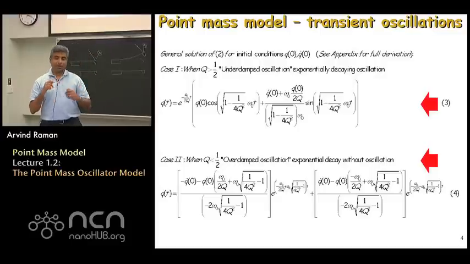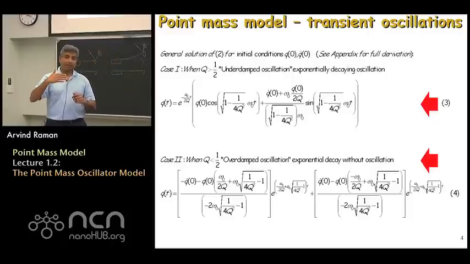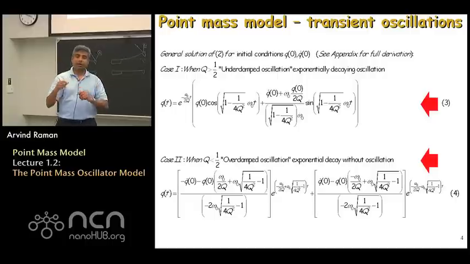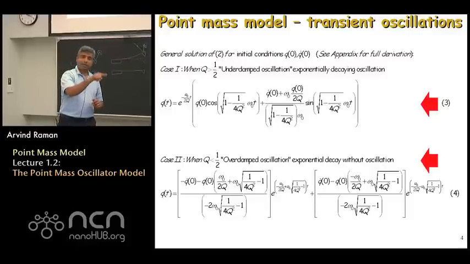So what's inside the parentheses is a nice harmonic sine or cosine wave. What's outside is an exponentially decaying term. The product of the two gives a variation of tip displacement that is an oscillatory decay with time.